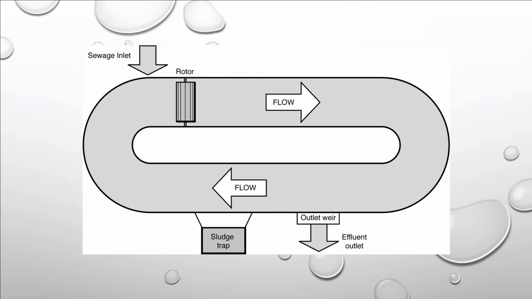Overall, the process in the oxidation ditch is a slow process. Then, the treated wastewater will exit the basin, now known as the effluent. The effluent will later undergo clarification and disinfection.